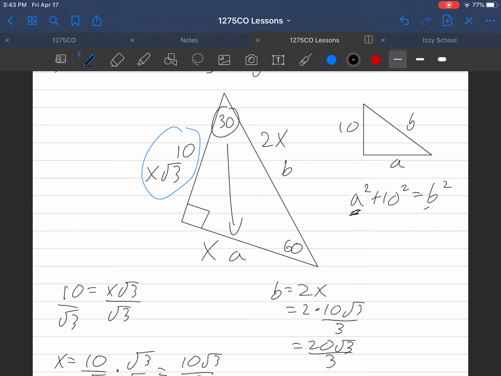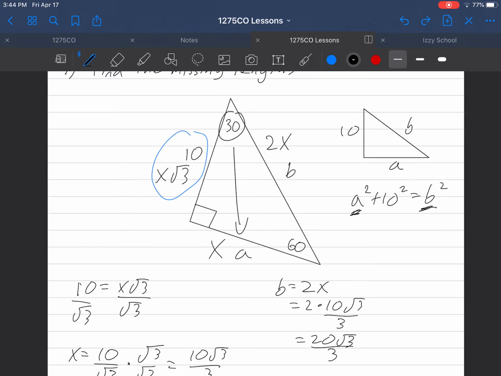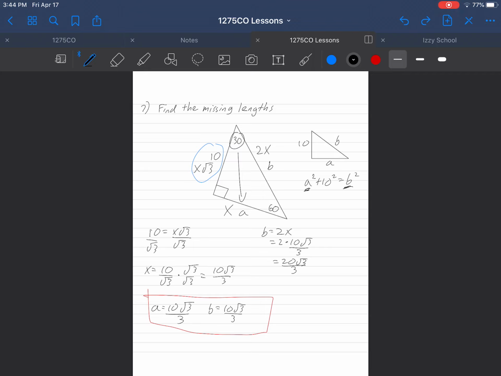There are two unknowns here, so it is not possible to use the Pythagorean theorem to solve this until we use the property of a special right triangle to get the value of A or the value of B. Then once you do that, you might as well just keep going, and you can skip the Pythagorean theorem altogether for this particular problem.